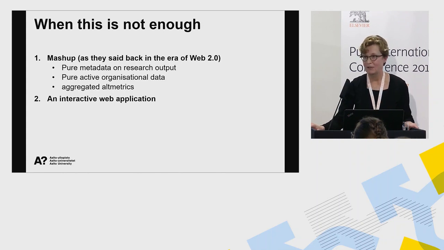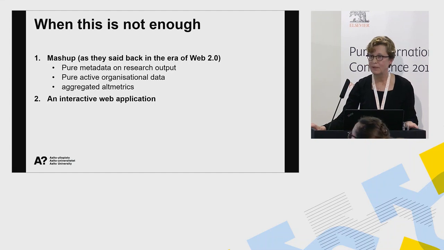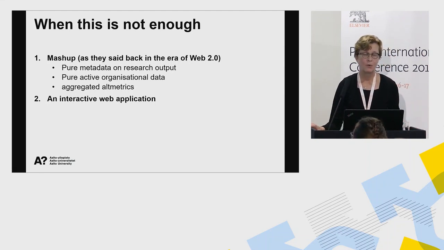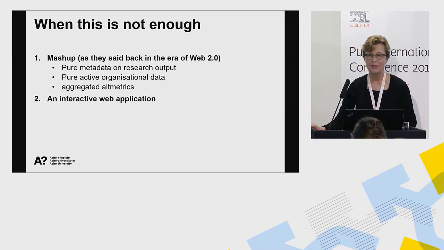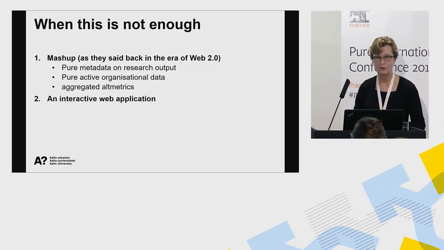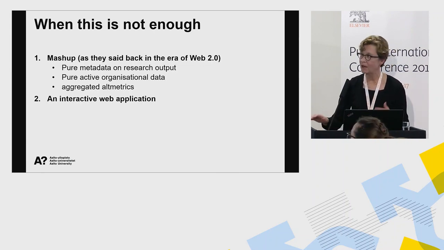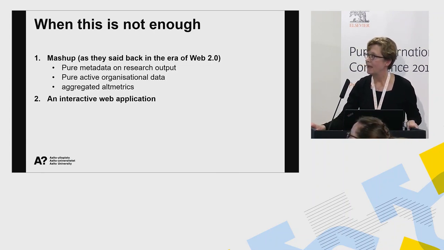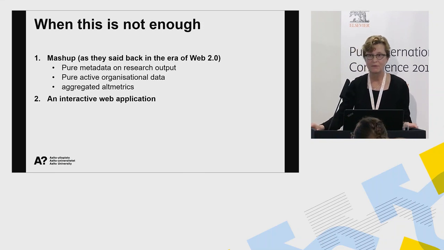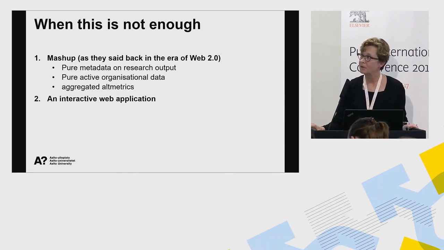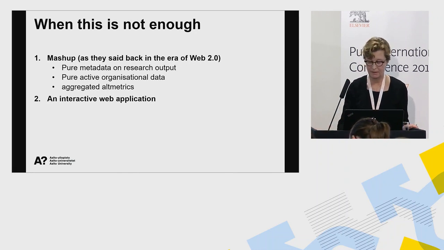Back in the early 2000s, when the term mashup was popular, when the web was already mature enough, people started to combine data from different sources. In our case, the Altmetrics mashup would be taking data from Pure, the research output metadata and the active organization, and then adding Altmetrics to this.